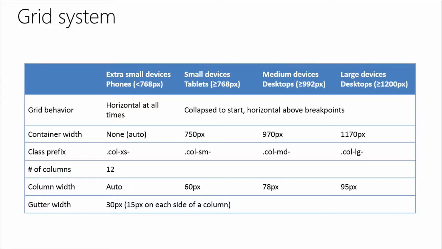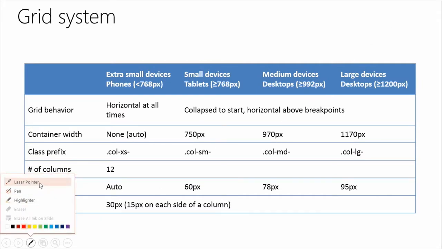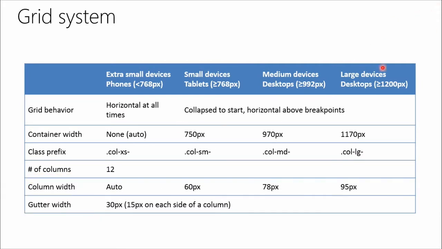It does take a little bit of work to get used to, but the idea is you're defining how much width things take up at a different device width. So what that means is I've got 4 different screen sizes. I've got extra large here.